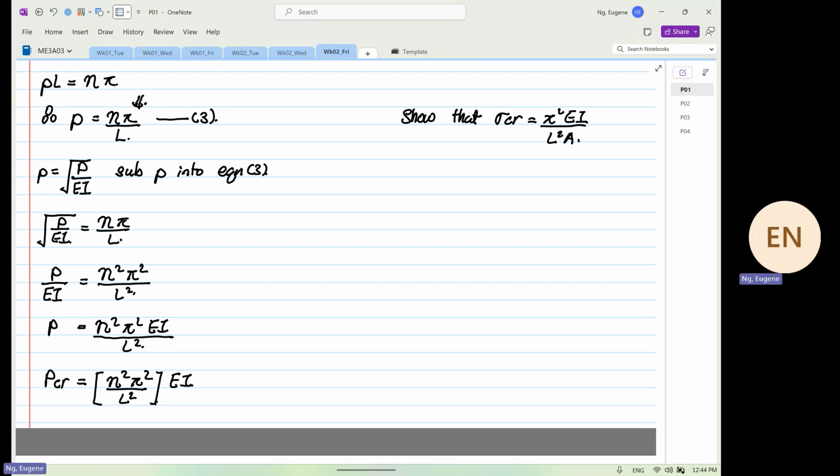I want you to take note that PCR is the critical axial load where buckling will occur.